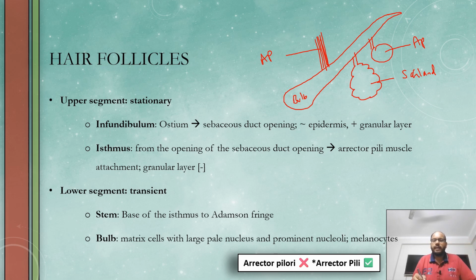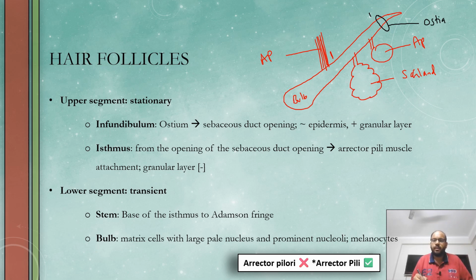Okay. Now the upper segment is from the erector. Let me change the color. The upper segment is from the attachment of the erector pili to the ostia. So this is the ostia. Ostia is the hole from which the hair shaft comes out of the body.